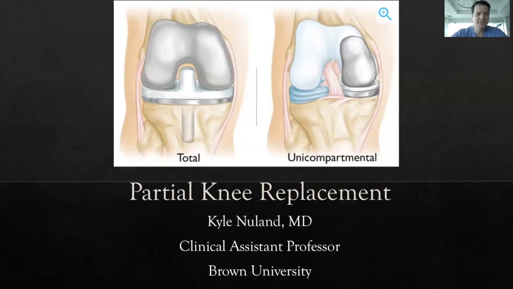The next question is, on average, what is the recovery time to return to full activity from a partial versus a total knee? And I think this is quite patient dependent. We see a lot of different recovery trajectories in patients. But I do like to tell patients for a total knee, you really have to plan out at least 8 weeks for your recovery.